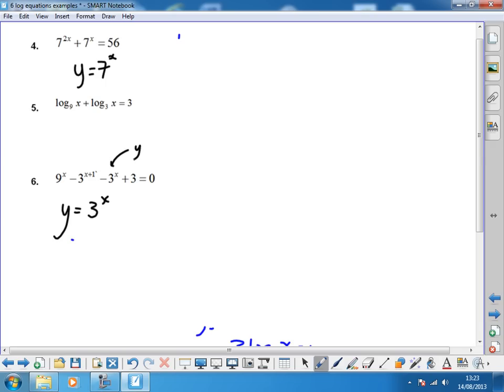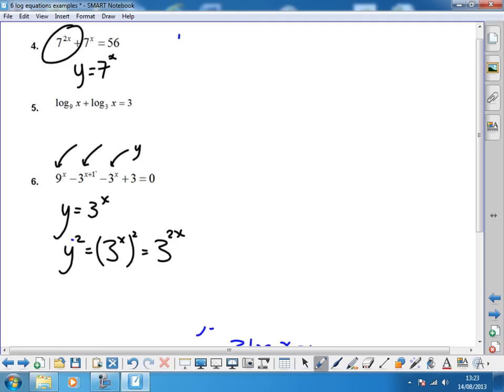So this is obviously y, but I need to think about what these are. So, 9 to the x. Well, if I took y and squared it, then I would get 3 to the x squared, which is 3 to the 2x. That's similar to what I had up here, y squared.